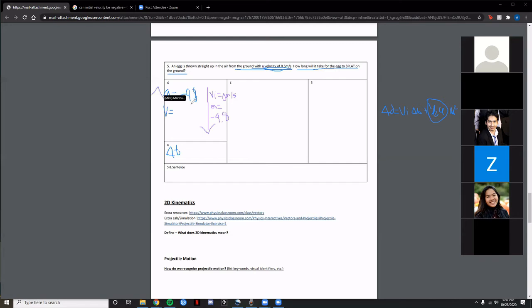And now to plug in the numbers, you would do negative 9.8 equals delta v over delta t, and delta v is 0.5 minus 0, which equals 0.5. Yeah, velocity equals 0.5.